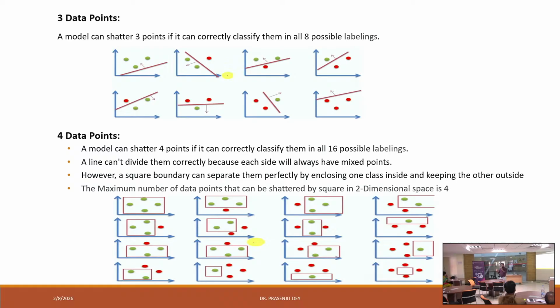They represent a few of them. So suppose that particular case is not present in your data. In that case, even if there are 4 data points, by using a line you can separate them. Am I clear to everyone?